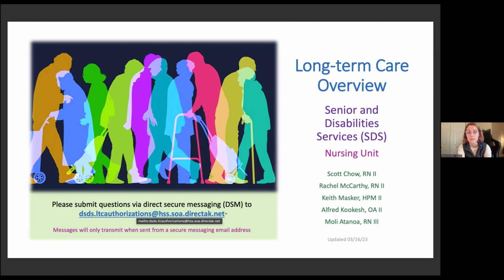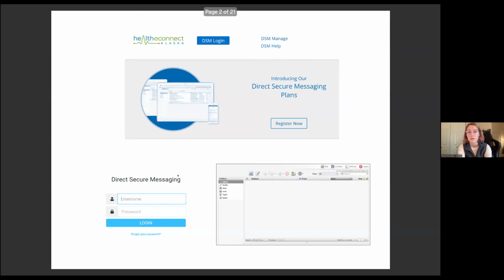Moving on to the next slide here. This is just again, DSM. If you have a new staff member or you want to get access to DSM, direct secure messaging is overseen by Health eConnect Alaska. They have a website. You can Google Health eConnect Alaska.